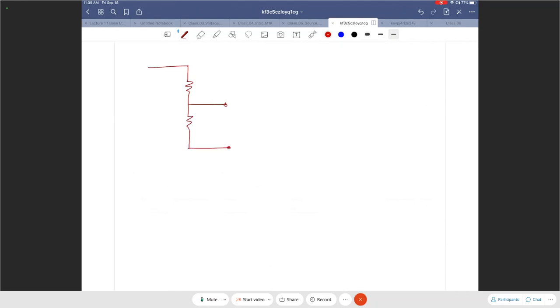V in, V out, 1K, 1K. This is 5 volts. What is V out? Yes, it is essentially a voltage divider. Yes, 2.5. Now what I'm going to do is make this 10K.